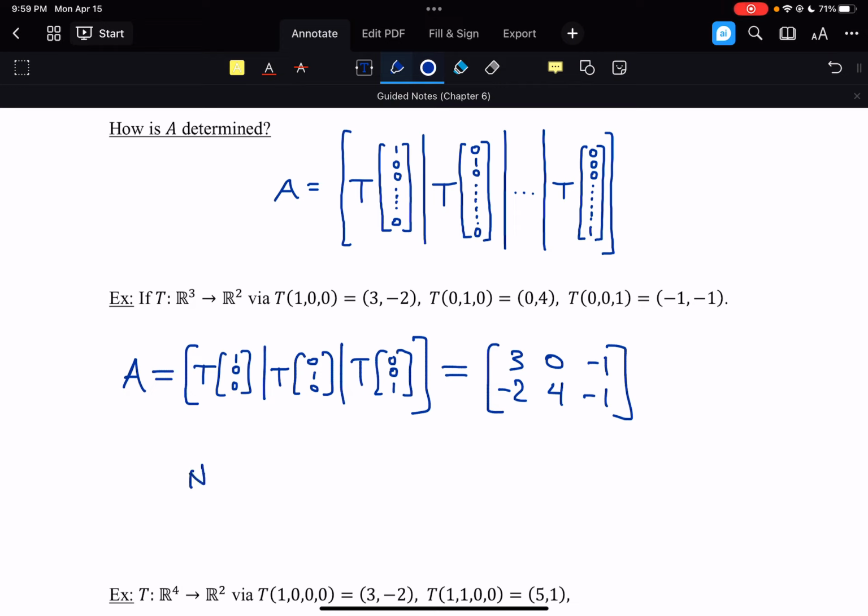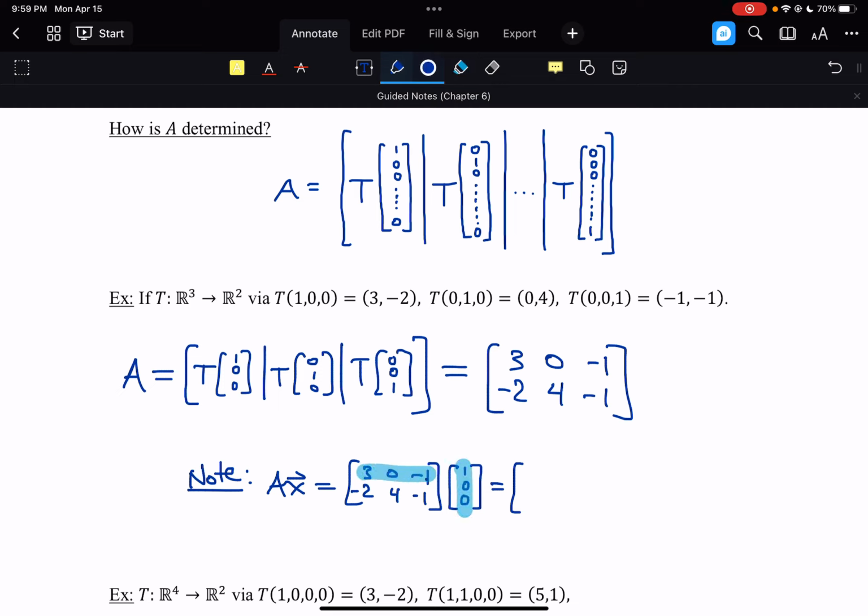As a note, to see that this does actually work properly as a matrix transformation, if you were to take A times x, so 3, 0, negative 1, negative 2, 4, negative 1, with 1, 0, 0, for example, we would go row with column.